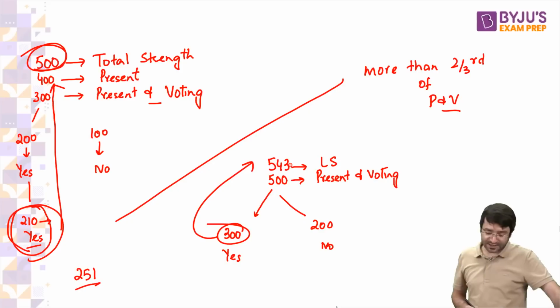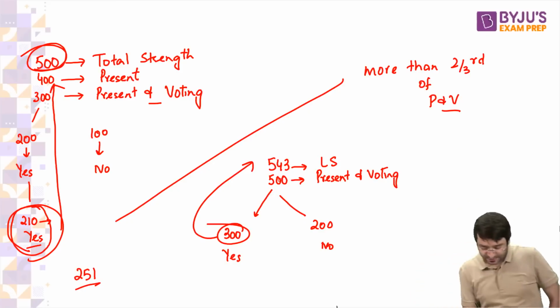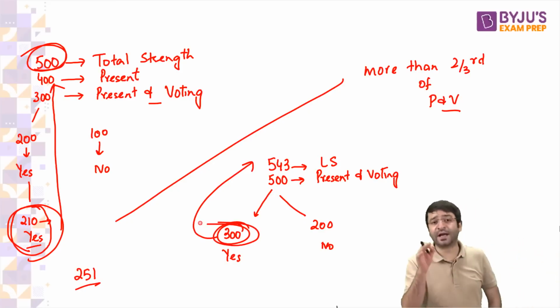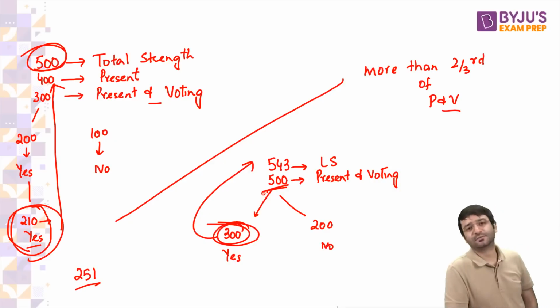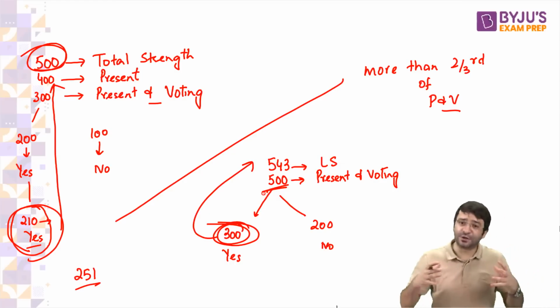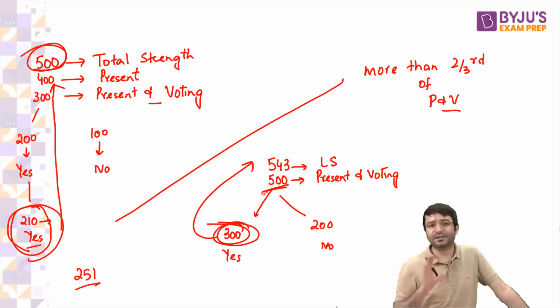But you need to satisfy another condition. This 300 should be more than two-thirds of the members present and voting, which is not the case in this case. That means unless and until you satisfy both the conditions, this bill cannot be passed.